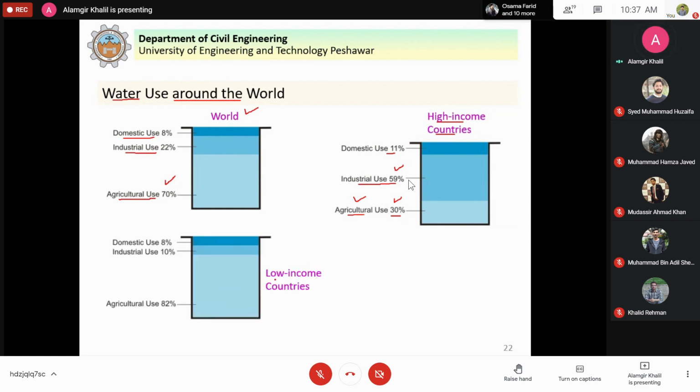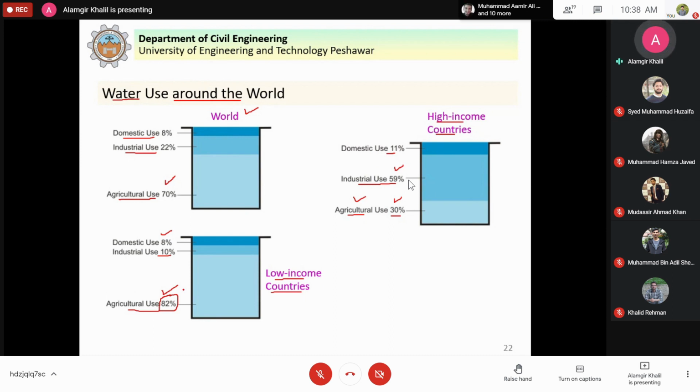But in developing countries, low income countries, you see here that 82% of water is used for agriculture. For industries, 10%, and domestic, 8%. This is the reason. You see in Pakistan, the conventional methods of irrigation use a lot of water. We just flood the agriculture field. Not all water is used. That's why the irrigation efficiency is very low.